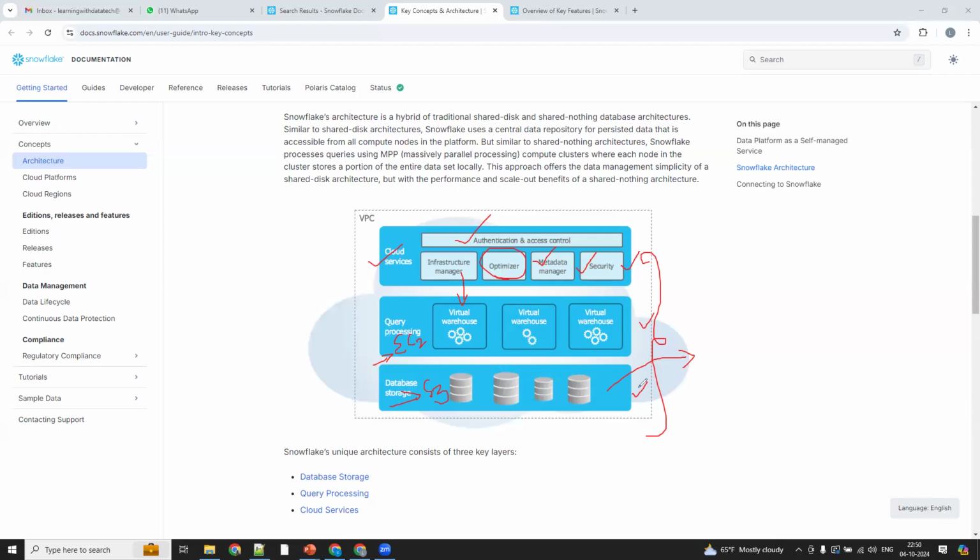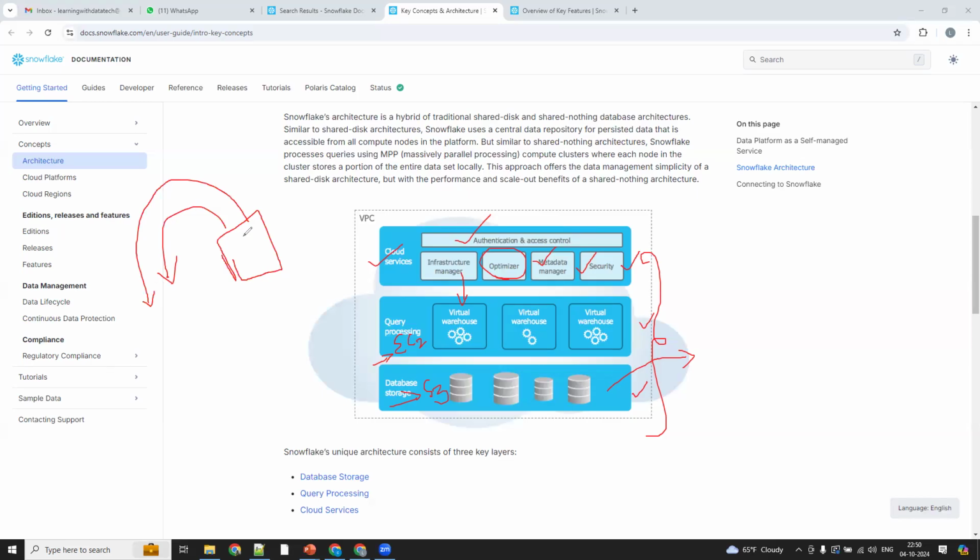To answer your first question, what was your first question? I forgot, sorry. When we talk about database storage, when you store the data in an S3 bucket or blob, you're actually storing your data in a file format, right? How come you're calling it a database? I don't know whether you are from a database background or not. Even Oracle stores the data in a file format in the backend. Even SQL Server stores the data in a file format only.